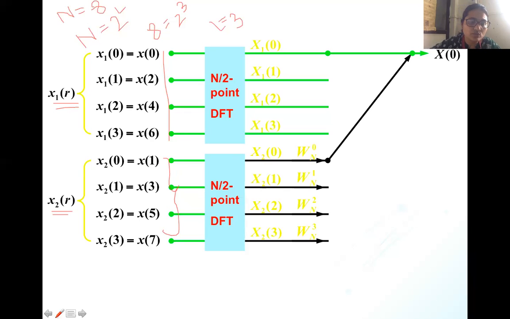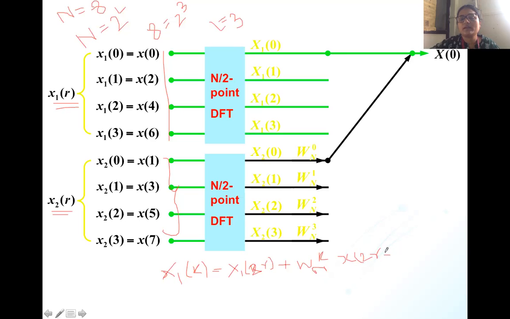Actually, it should be W raised to 0 suffix 8, because my formula says that x1 of k, what is x1 of k? x1 of k is equal to x of 2r plus W raised to k suffix N into x of 2r plus 1.